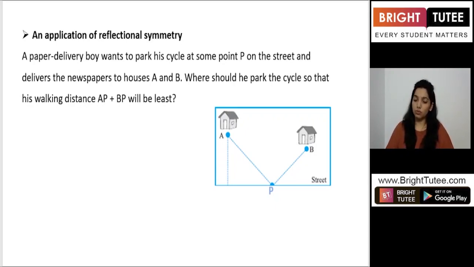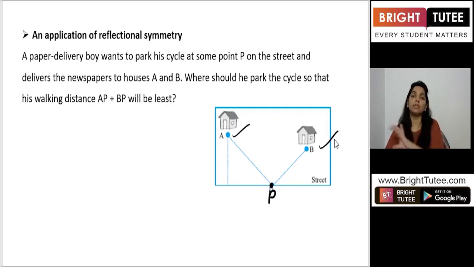So what we are given here is that he needs to travel to a certain point. He's going to park his cycle over here at point P, and he needs to park it somewhere so that, between house A and house B, he travels the minimum distance.